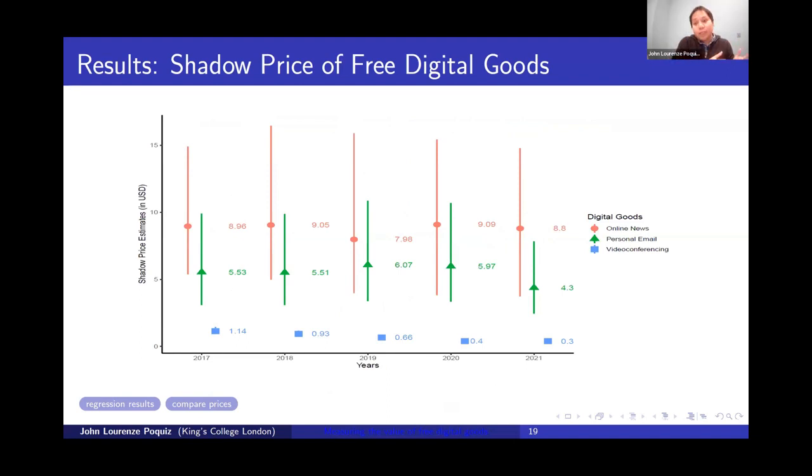We use our prediction model that I've shown you earlier to estimate the price. So these are the estimates of the price that we get. Generally, what we get for video conferencing is small, around less than 1.4 pounds. The largest price estimate that we get is for online news, followed by personal email.